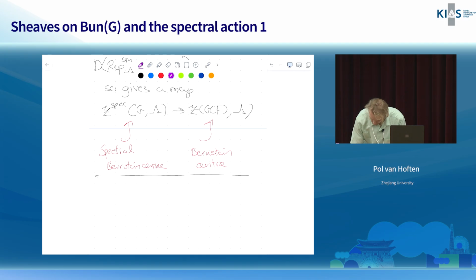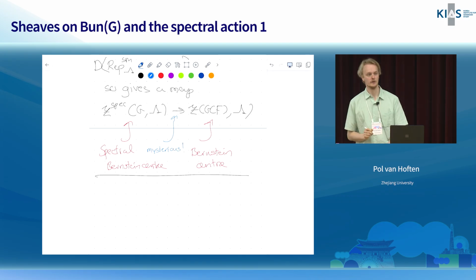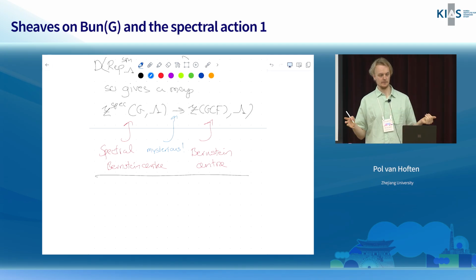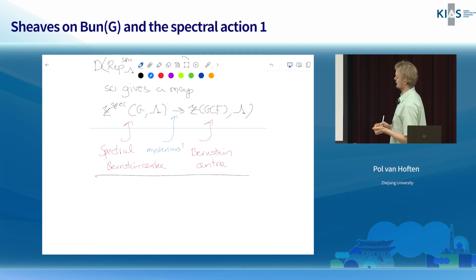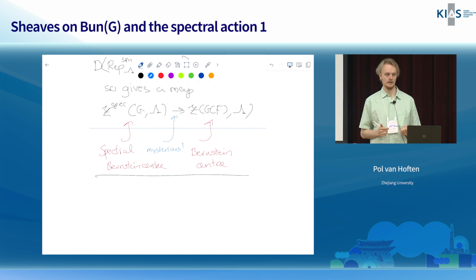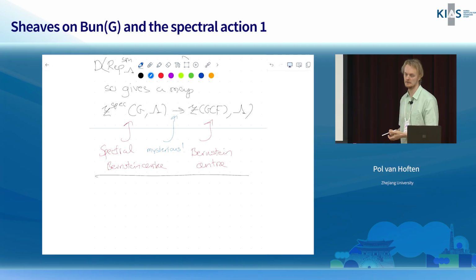Maybe said differently, from the geometry, we don't have any way to control this map. The way we control this map is you compare it to maps constructed in different ways, like automorphic ways, and essentially global methods always have to come in to say anything about this map.